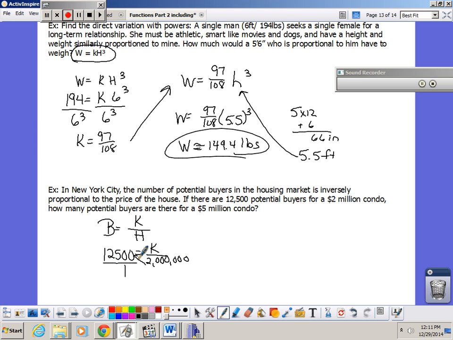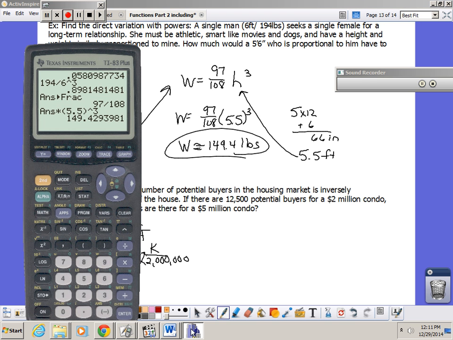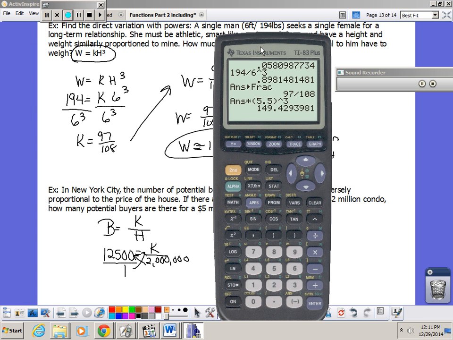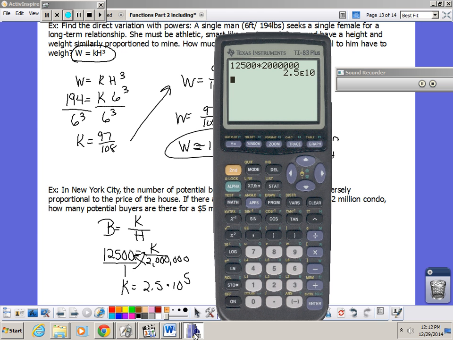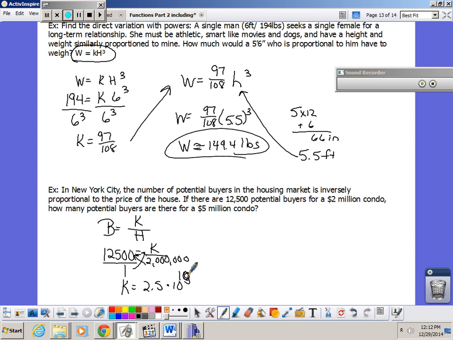In this case, I'm going to set up a proportion. I'm going to cross multiply. So I got 12,500 times $2 million. So K is equal to 2.5 times 10 to the 10th.